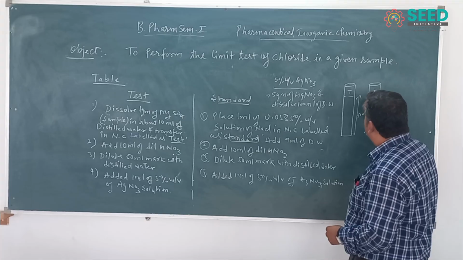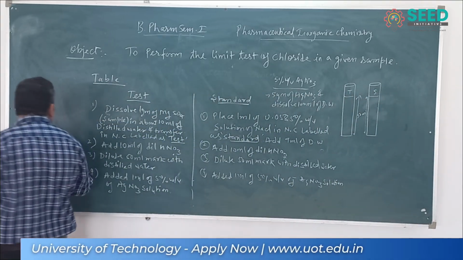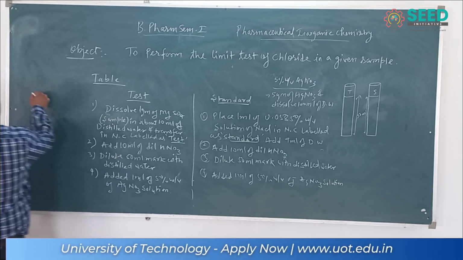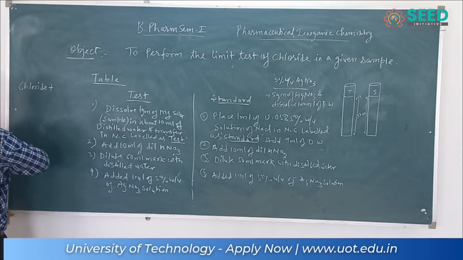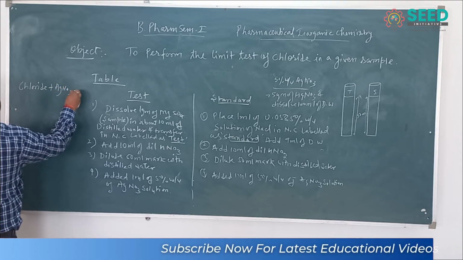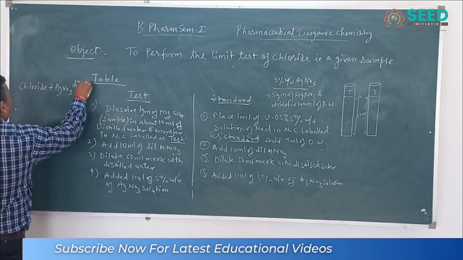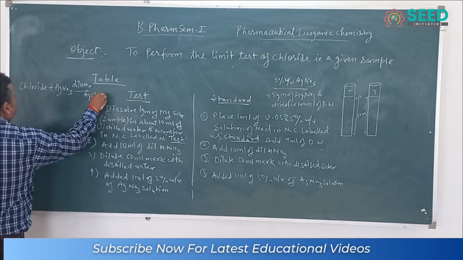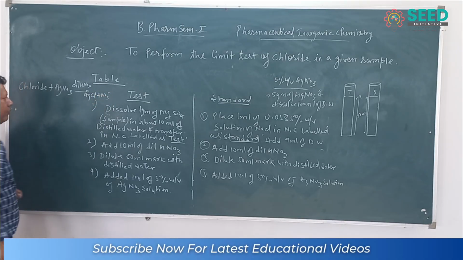And there is a chemical reaction in this limit test. Firstly, chloride reacts with silver nitrate in the presence of dilute nitric acid to form AgCl plus sodium nitrate.